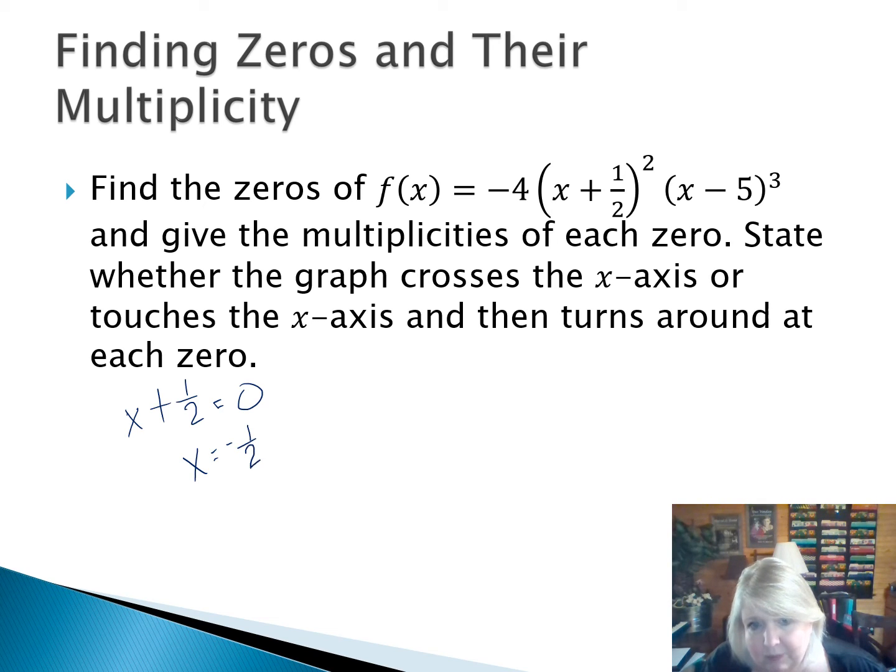So negative 1/2 is a 0. I look at its exponent. So negative 1/2 is a 0 of multiplicity 2. Because that's even, at negative 1/2 it's going to touch the x-axis and turn.